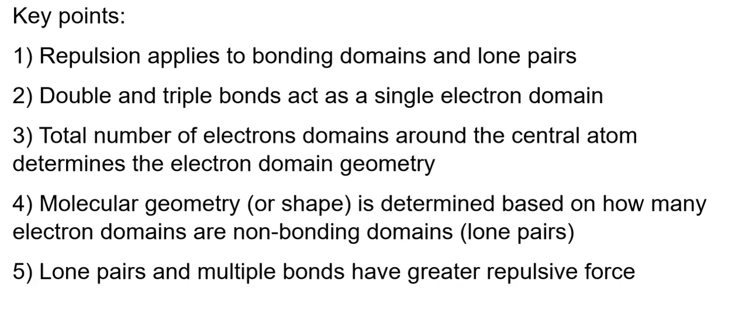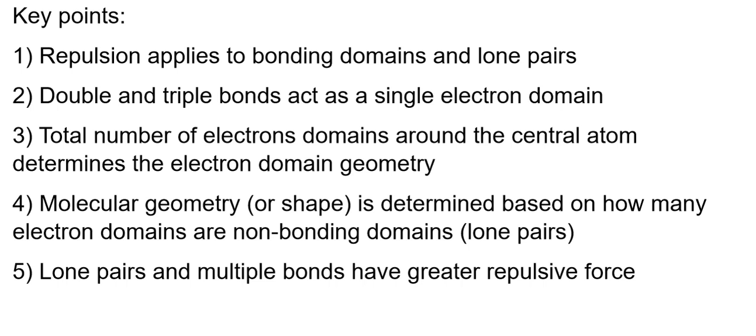Lone pairs and multiple bonds have greater repulsive force than just a single bond. And this is because of the electron density, right? So multiple bonds have multiple shared pairs in between two atoms and thus have a higher region of electron density and will exert a bigger force pushing things away from it. And lone pairs have a higher electron density because those electrons aren't spread between two atoms.